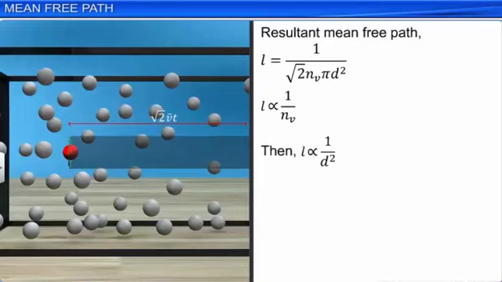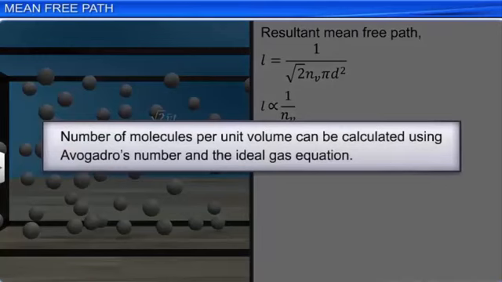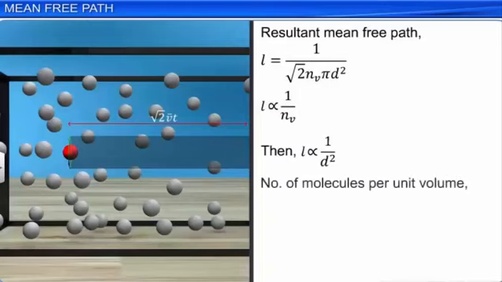The number of molecules per unit volume can be calculated using Avogadro's number and the ideal gas equation. The number of molecules per unit volume, nv, is equal to n times the Avogadro's number, Na, divided by V, where n is the number of moles of the gas.